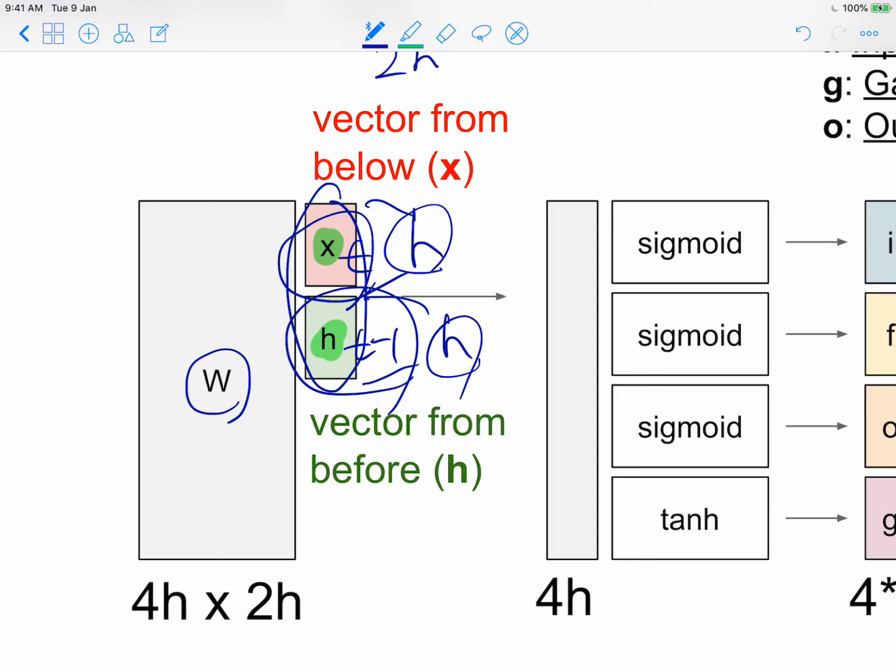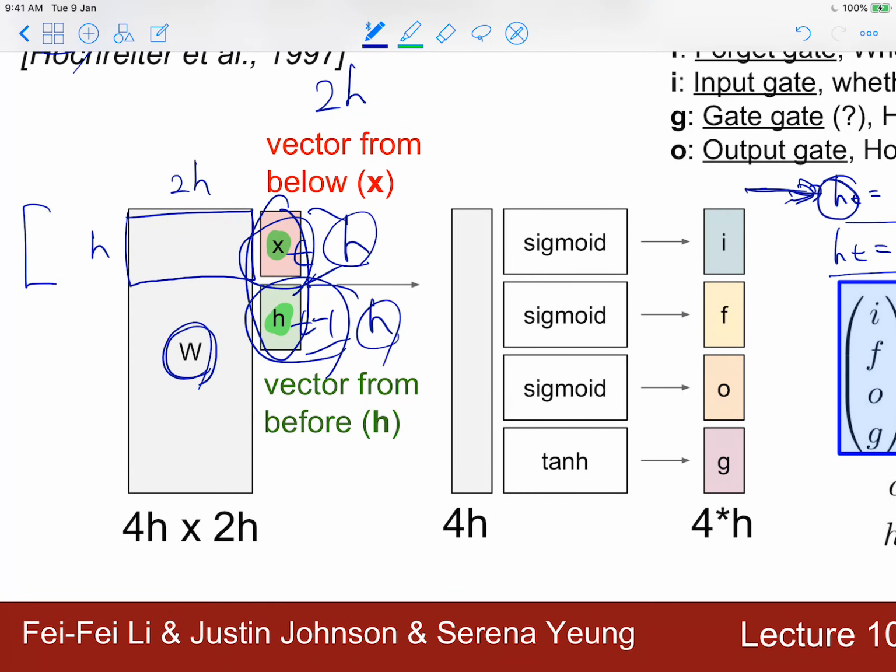In the case of the original RNN, our W would be just h by 2h, but we don't just generate one h_t vector directly. Instead we generate four different sets of vectors through this linear transformation, and thus we have the size of 4h times 2h.